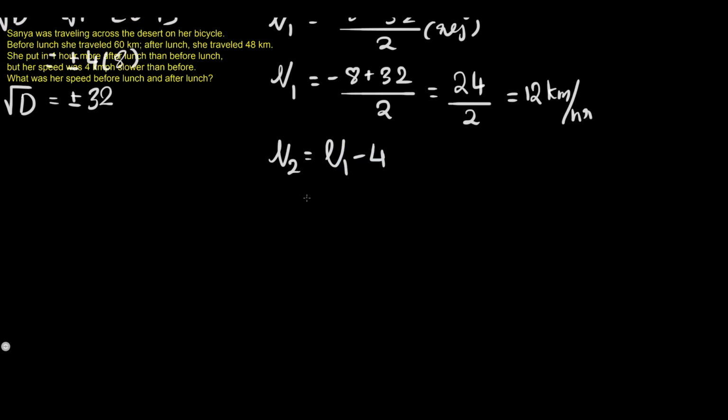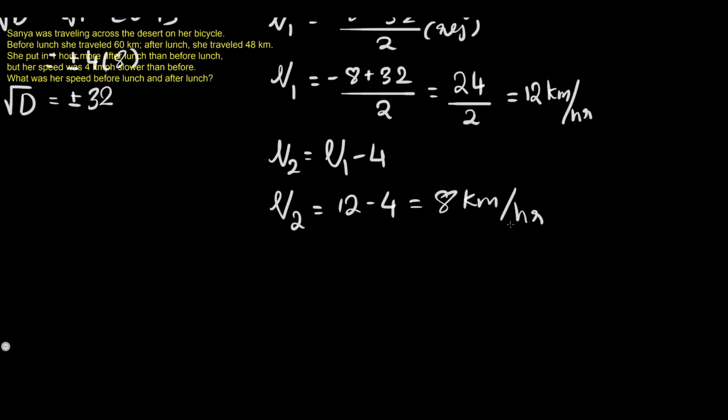So v2 is equal to, what's my v1? That's 12 minus 4, which is equal to 8 kilometers per hour. Cool, so we found the answers. Before lunch she was riding 12 kilometers per hour, and after lunch she was riding at a speed of 8 kilometers per hour.